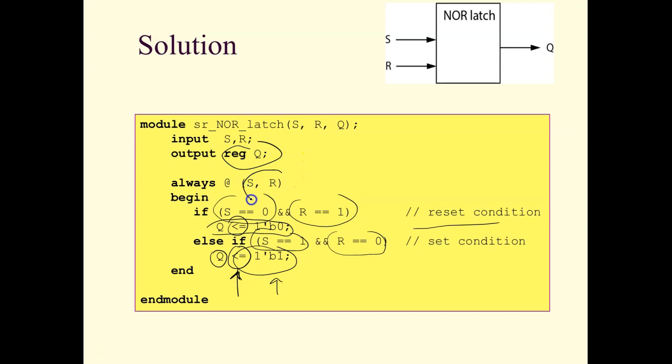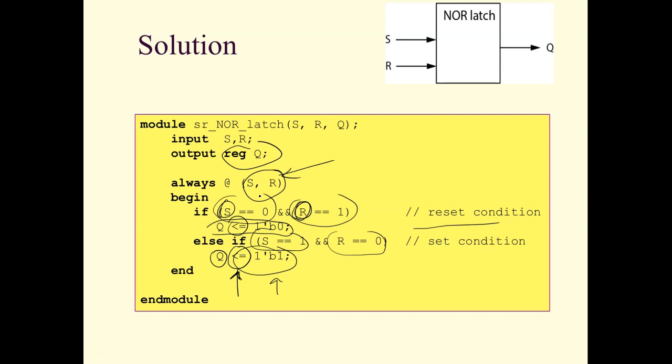The circuit itself is sensitive to S and R, which notice we did not use a posedge or negedge in there, so this is inherently a level sensitive 1-bit storage element that we know and love as a latch. The fact that it's a NOR latch indicates essentially whether the S and R use positive or negative logic.